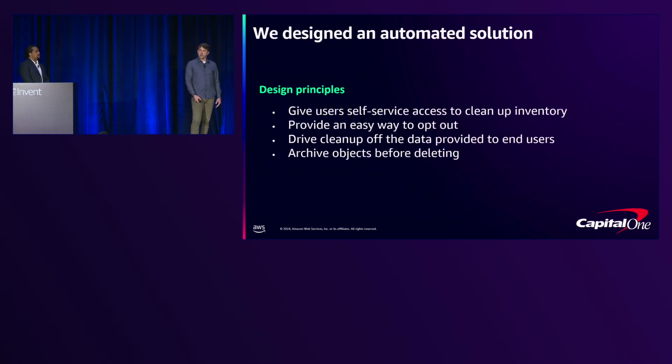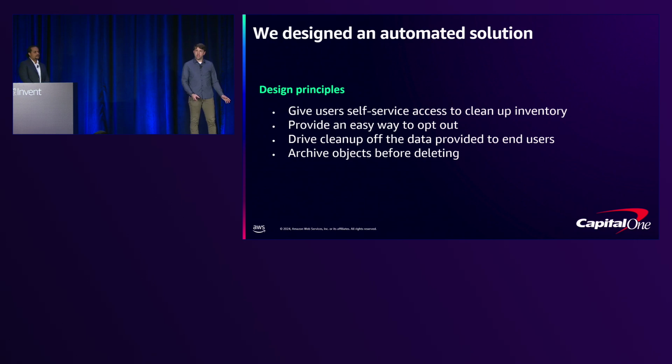And when we were thinking about the design and architecture behind automated cleanup in QuickSight, we had a couple of founding principles we really wanted to stick to. We wanted to give our end users self-service access to the inventory that was being cleaned up. So it was completely transparent to all of the users exactly what the inventory was, and they could see it at any moment.